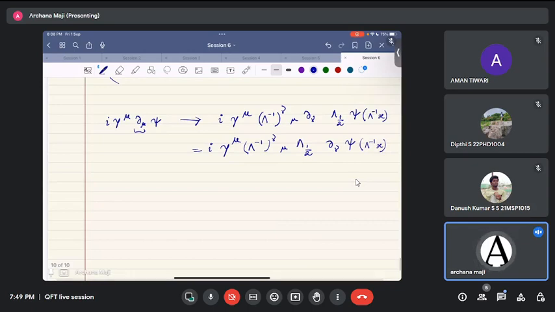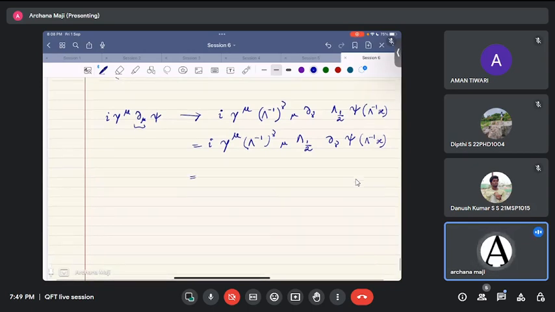Now what we can do is we can introduce lambda inverse, okay, so no harm in doing that. Del_mu psi(lambda inverse x).